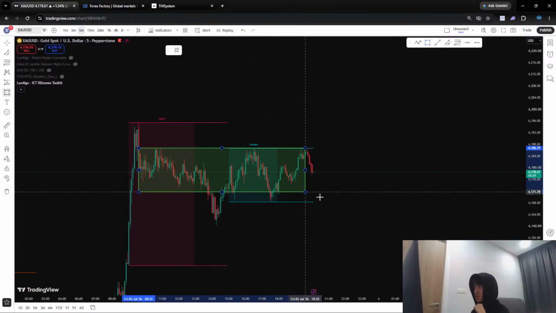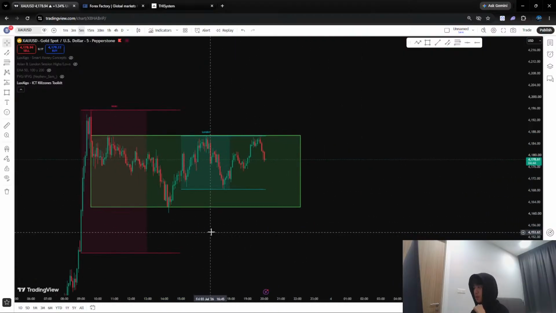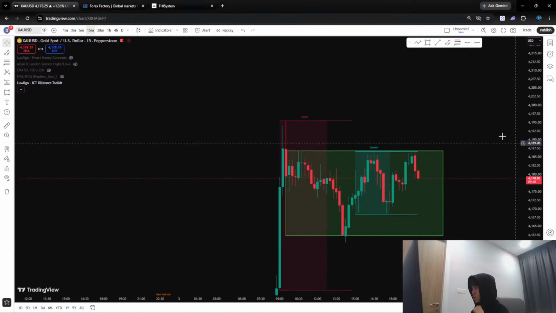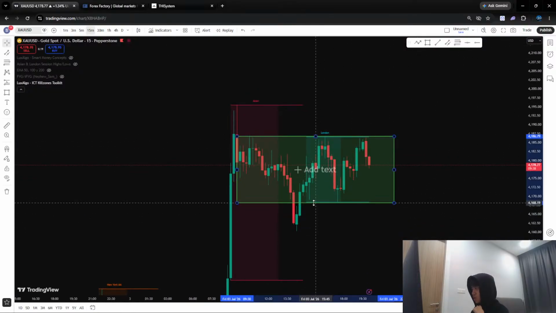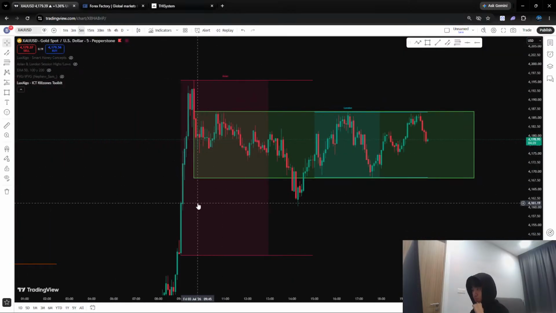As you can see, this is also a ranging-like area. I will use the 15-minute to let you see that this is more of a ranging area. You might think the ranging area is here and this has been swept, but this hasn't swept much at all, because there is no key indicator to say that this is actually a stop loss area.